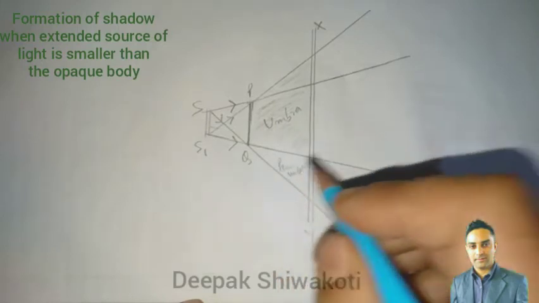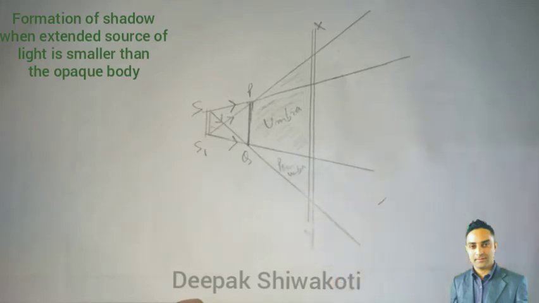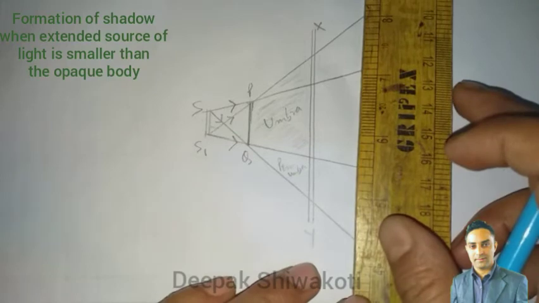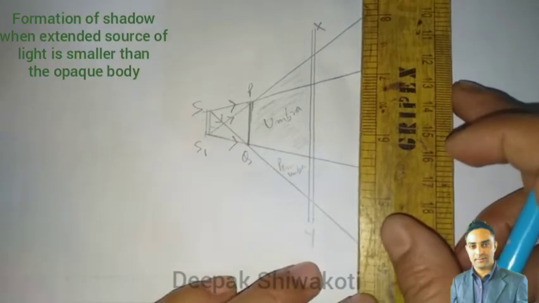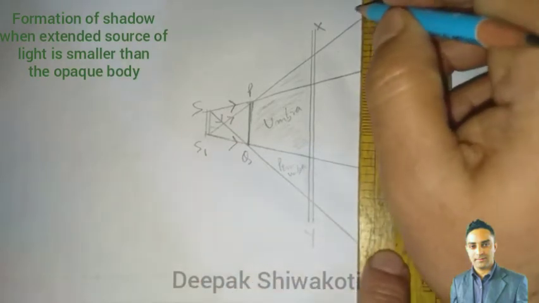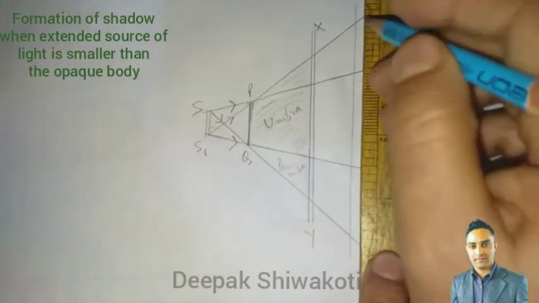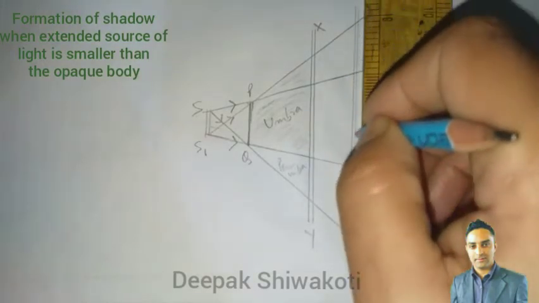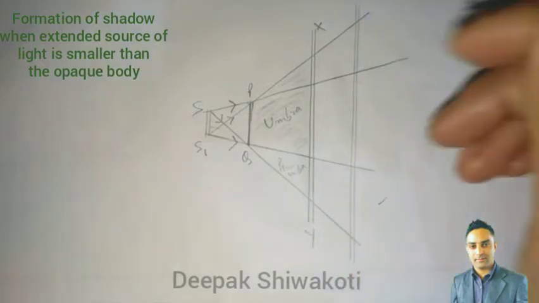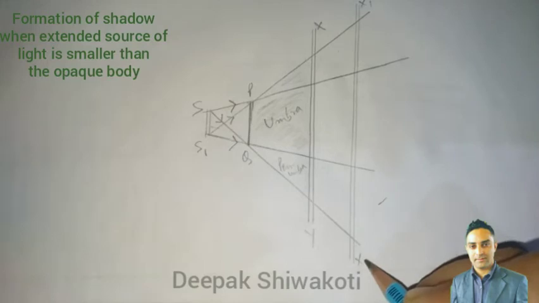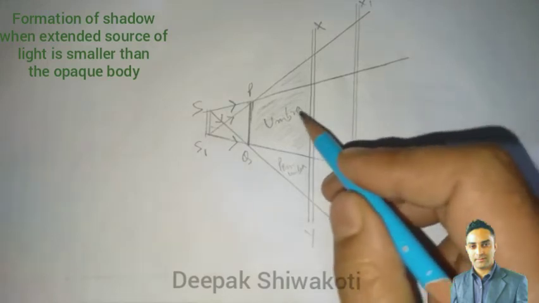If we move the screen, then what happens? The umbra region and penumbra region will also increase. Suppose we have moved the screen to this position, then you can see this one is X1 and this is Y2. What happens to this umbra region?